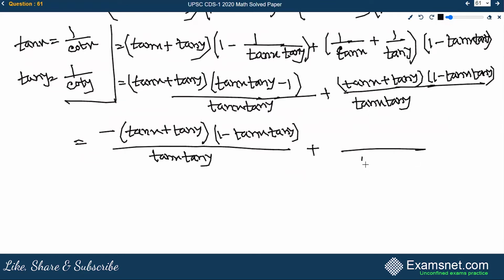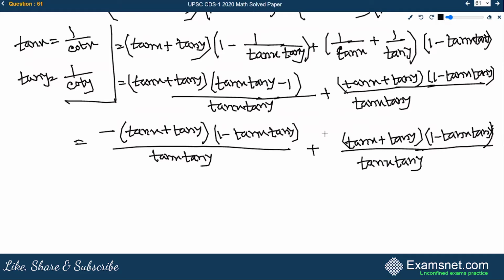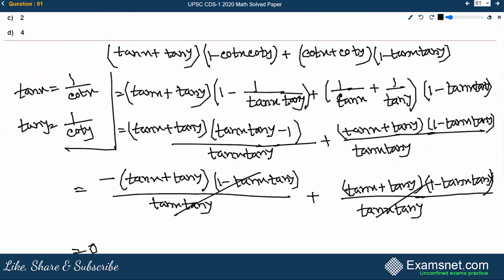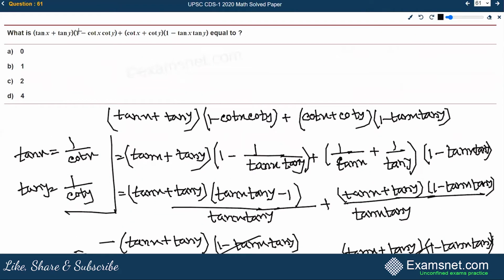Next, plus, in the denominator we have tan x tan y, in the numerator we have tan x plus tan y multiplied by 1 minus tan x tan y. So here we can see that both expressions are the same. One is positive, one is negative. So both will cancel out. We will get 0. So 0 is the value for the given expression. Here option A is the correct answer.